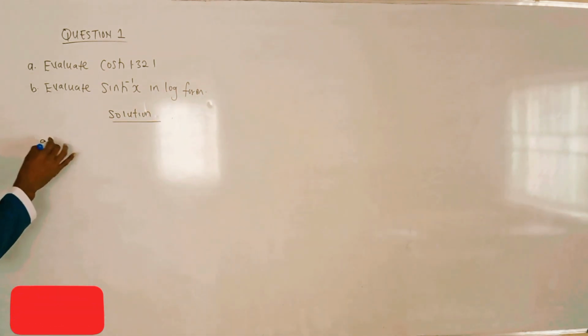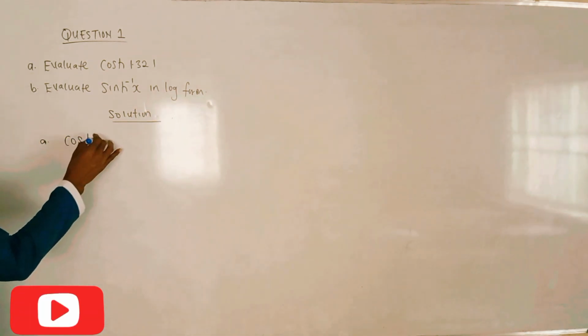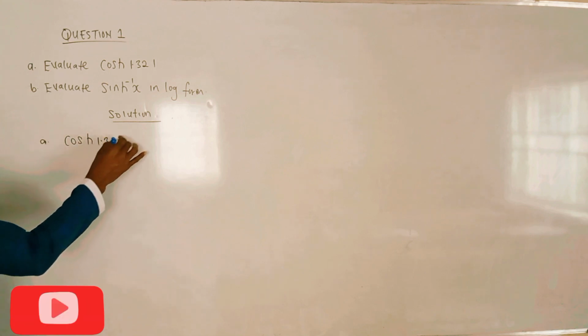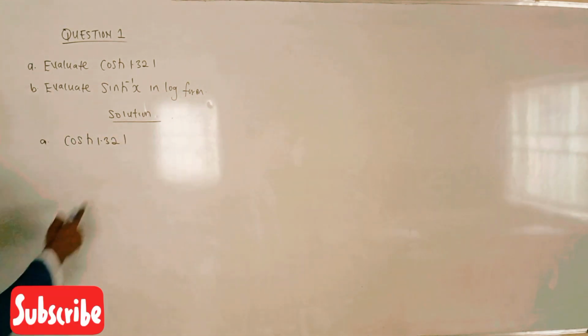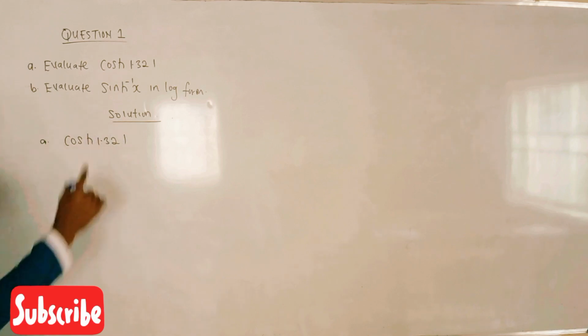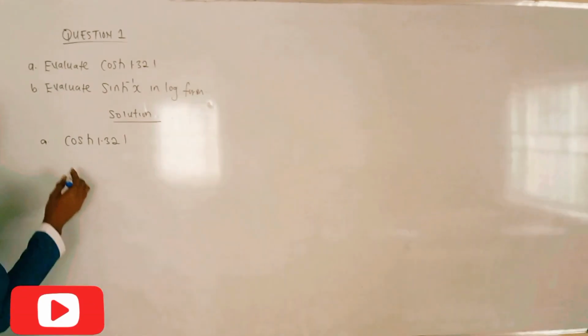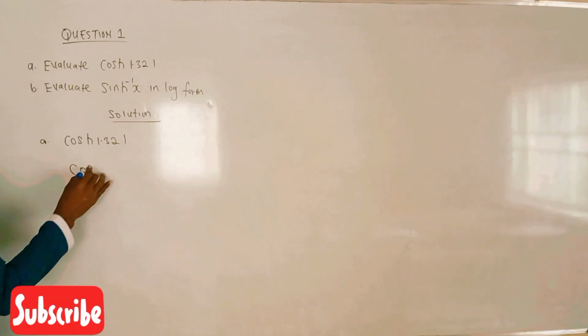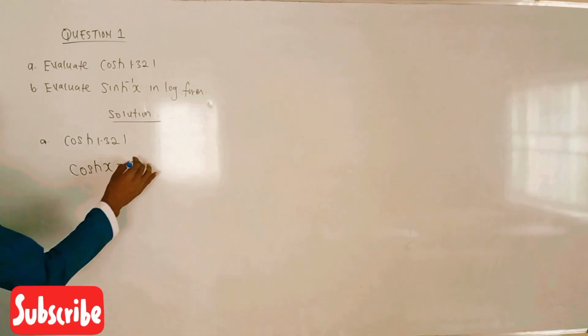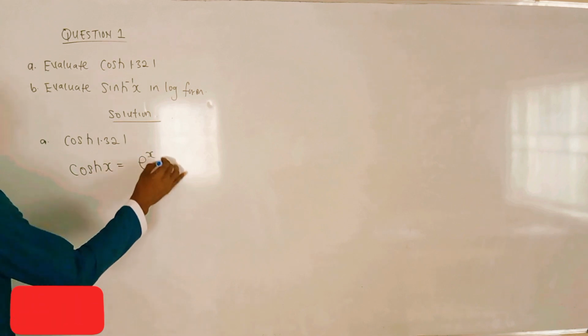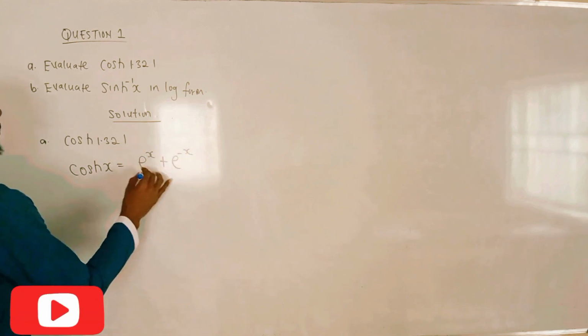We have the first question, which says to evaluate cosh 1.321. Okay, so 1.321 is actually the value of x. We know that the formula for cosh x is equal to exponential x plus exponential minus x, over 2.